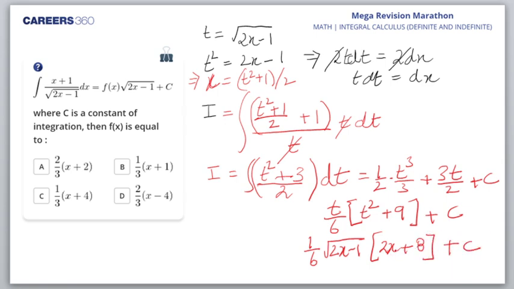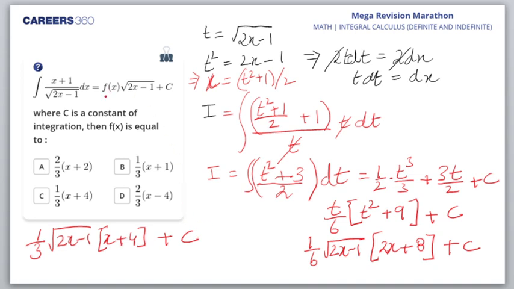Okay? I can take 2 common from here and cancel with 6. So what do I get? I get 1 by 3 under root 2x minus 1, bracket 2 I have already taken out and cancelled, so I'll get (x plus 4) plus c.